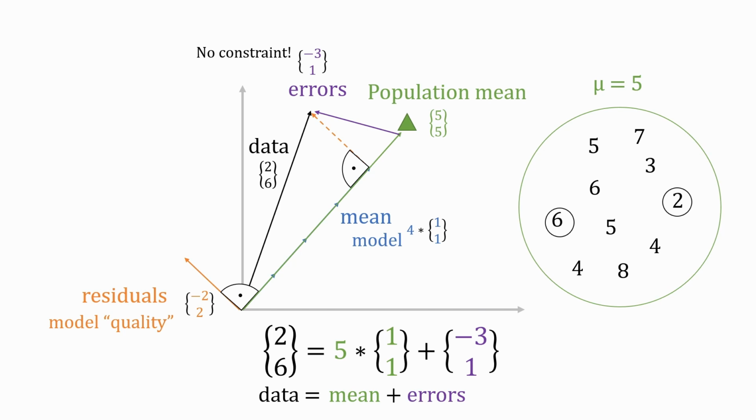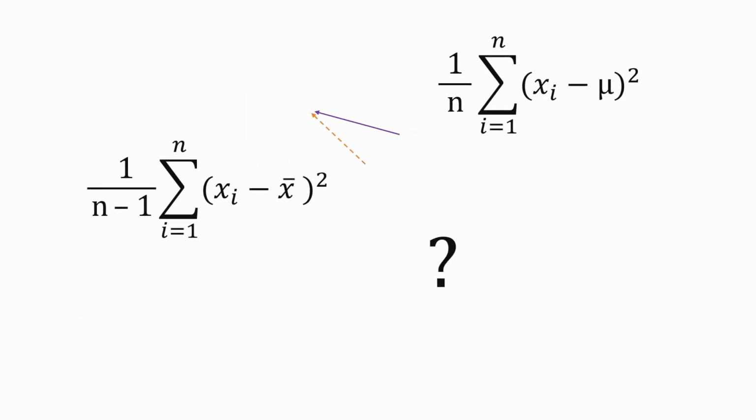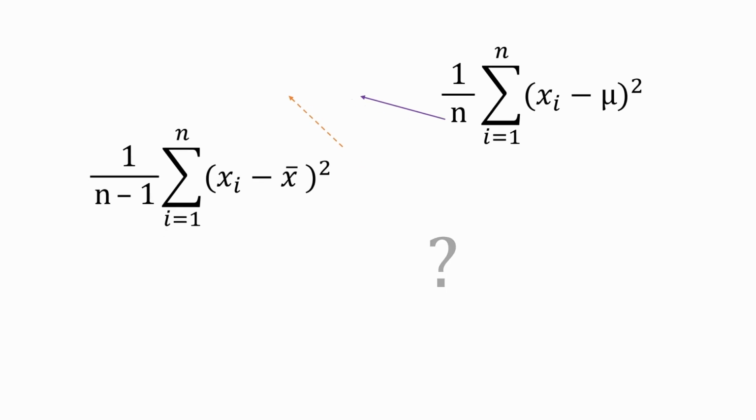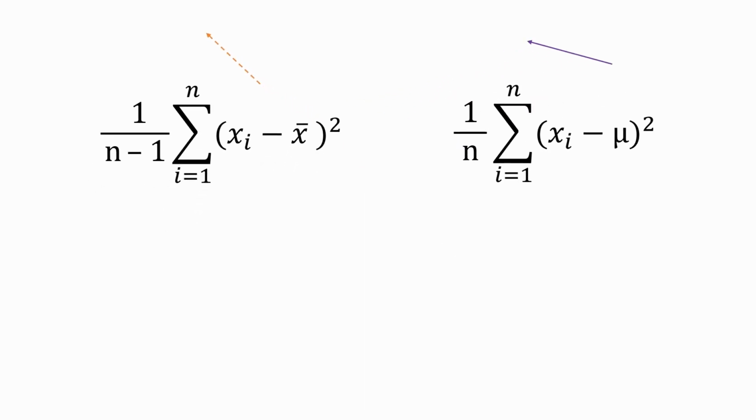To explain anything about variance with these vectors, we first have to explain how these vectors are related to variance. So far in this video, we always talked about variation and residuals, but not really about variance. We know variance is the sum of squared distances of data points to the mean, or distances to 0 in case of a centered variable, divided by the number of subjects, in the case of estimation, subjects minus 1.